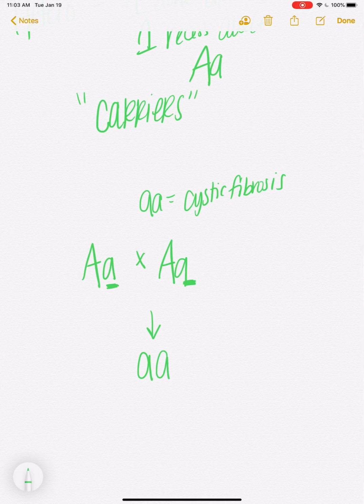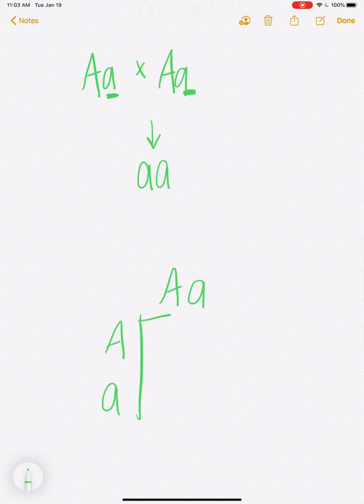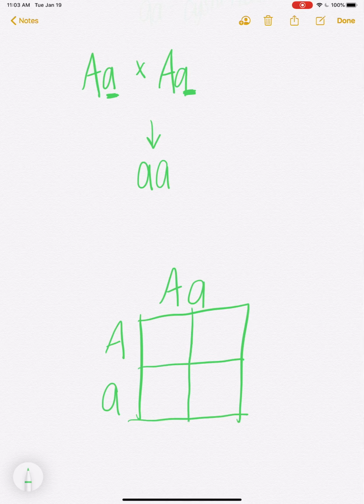Tomorrow we will learn about Punnett squares. I don't know if you did Punnett squares in middle school, but we can use a Punnett square to show genetic inheritance. Actually, I think it's on Thursday that we'll learn about Punnett squares. We put the mom or the dad on top, it doesn't matter which one.